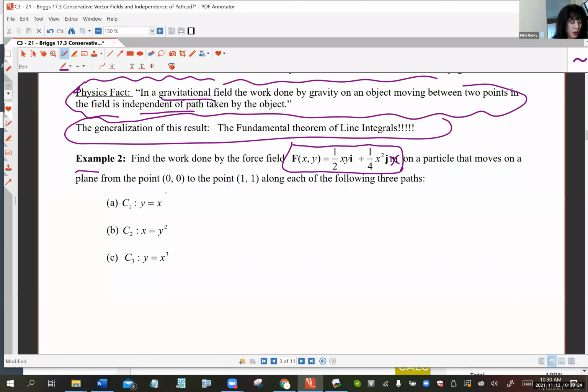And we're going to be going from the point 0, 0 to the point 1, 1, 3 different ways. So the first way is going to be a straight shot. So the first curve is just going to go boom, straight line.